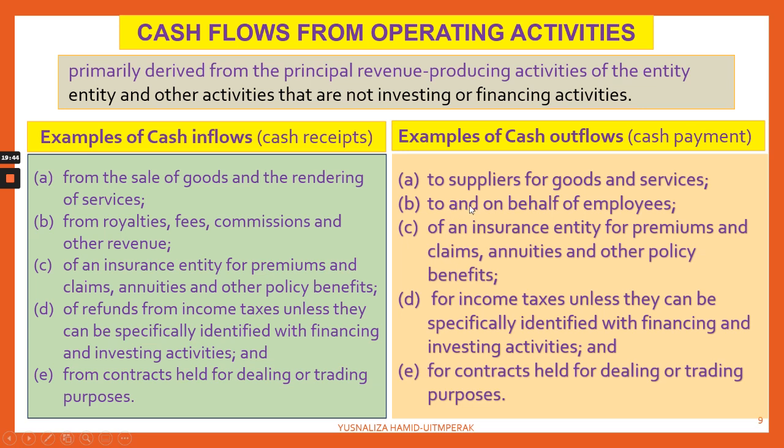Cash payments to and on behalf of employees, basically the salaries, right, that we pay to our employees. Or, for an insurance entity, the ones for premiums and claims, annuities, and other policy benefits. Cash payments for income tax unless it can be specifically identified within financing and investing activities. And also for contracts held for dealing or trading purposes. But our focus will still be on the first two.